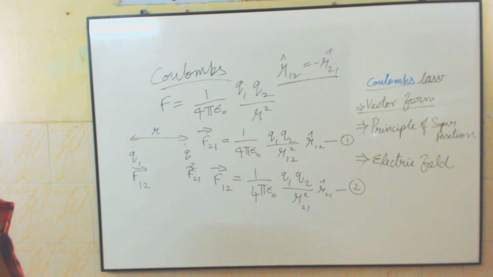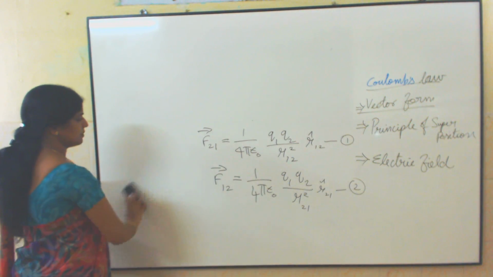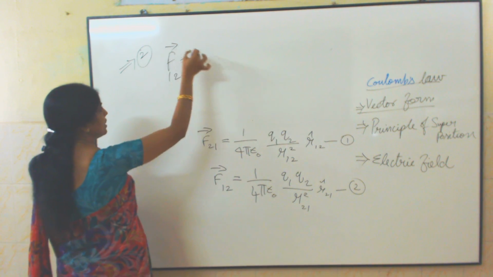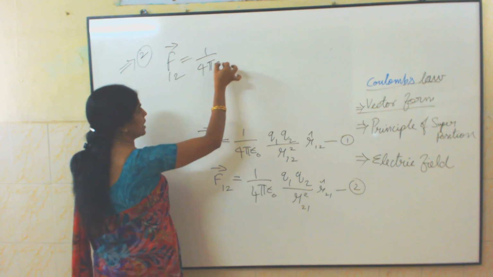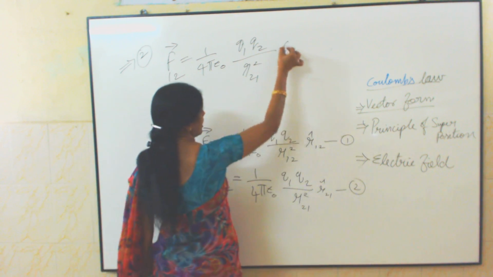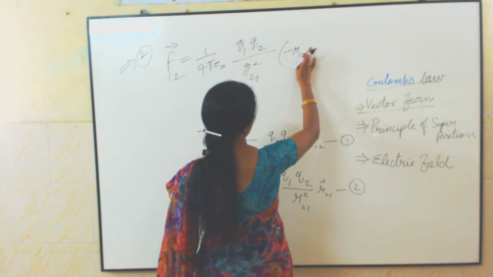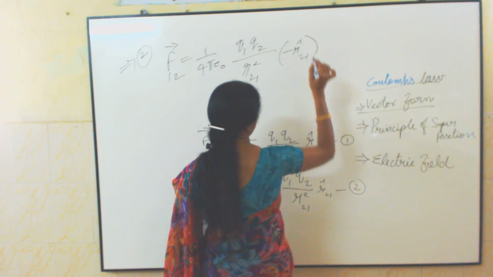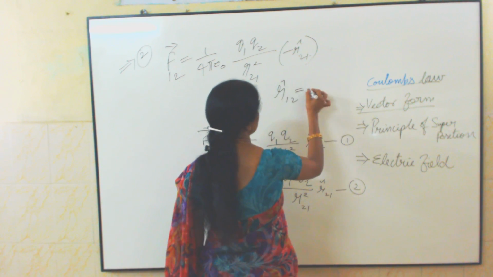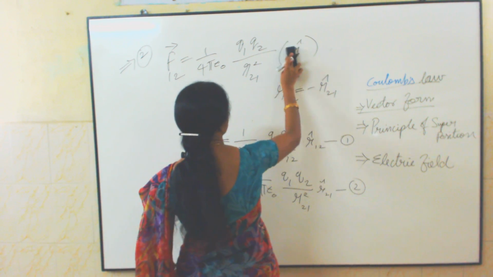I can rewrite equation 2 as F12 vector is equal to 1 by 4 pi epsilon naught Q1 Q2 by R21 square into minus R12 cap, since we know that R12 cap is equal to minus of R21 cap.